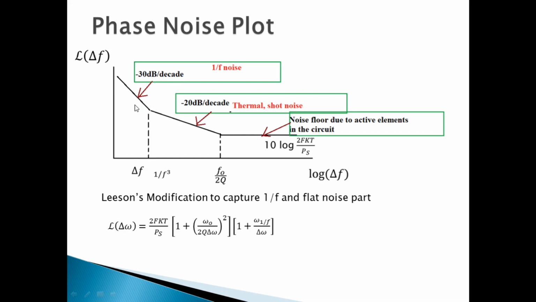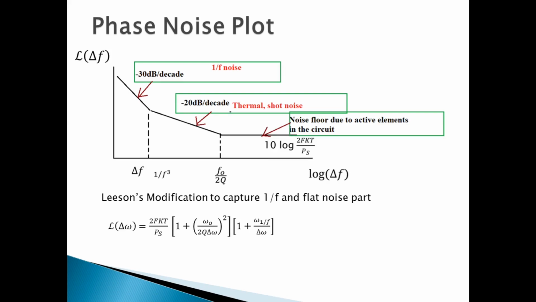the flicker noise. So there is 1 by f noise generated in the active part. Mainly these active parts, the transistors, switch on and off, and because of which they introduce the flicker noise. And if the active part starts switching, then the 1 by f noise that is close to DC is being up-converted to the oscillator frequency.